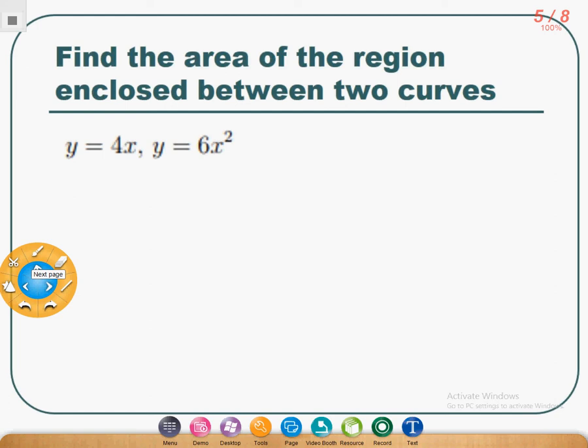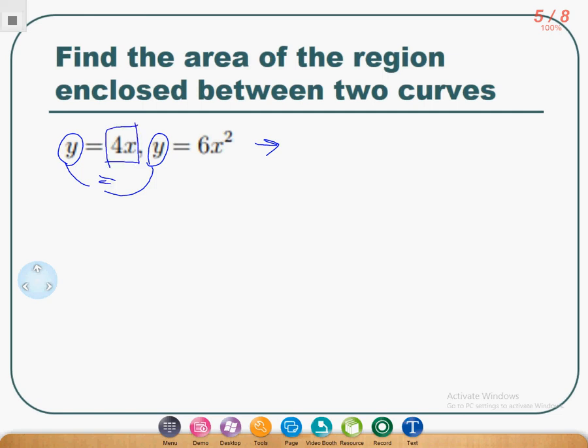Number two, I have to decide which one is up and which one is down. In an easy way, like I told you before, first of all, to find A and B, take the two curves and put them equal to each other. Why equal to each other? Because here you have y and here you have y. y equals y, so this one will be equal to this one.